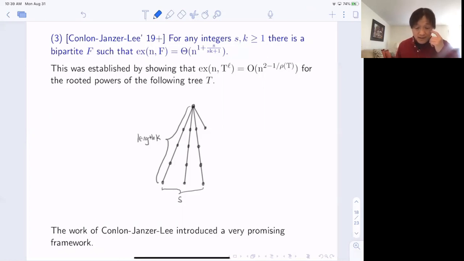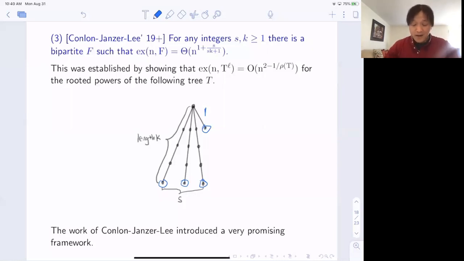More specifically, the bipartite graph they considered is the L-rooted power of this balanced tree, which is a spider with s legs of length k, and then a short leg of length 1, like a pendant leaf here. By rooted power, we mean that you fix those leaves and then you take L copies, glue them at the leaves, but making sure that they are internally disjoint outside the leaves.